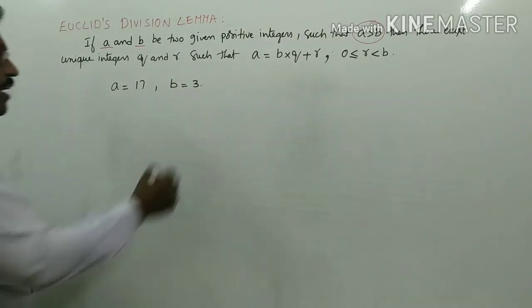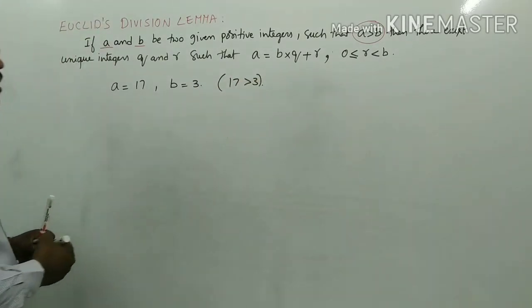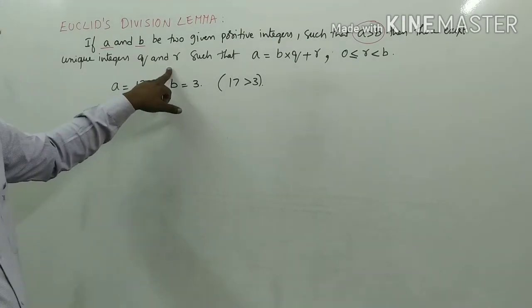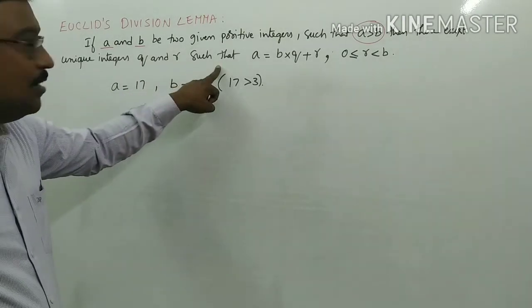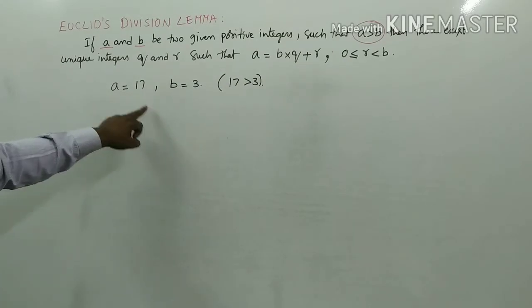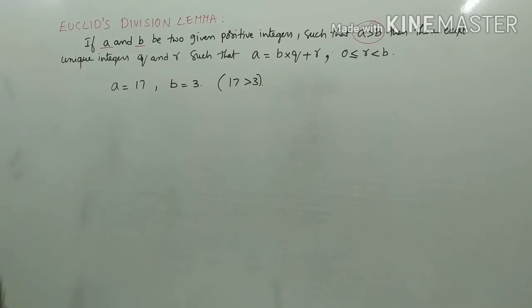Definitely 17 is greater than 3. Then there exist unique integers Q and R such that A is equal to B into Q plus R. How does that exist?